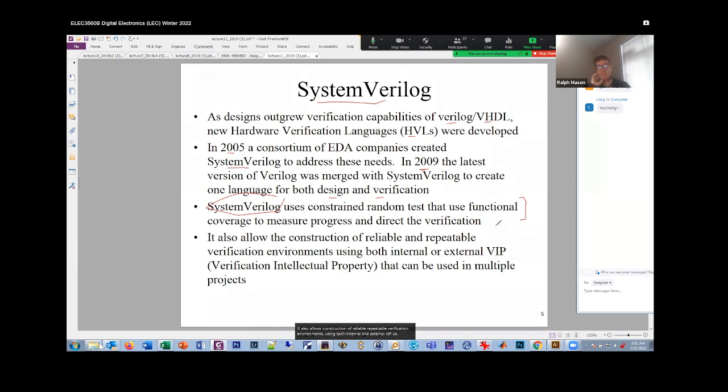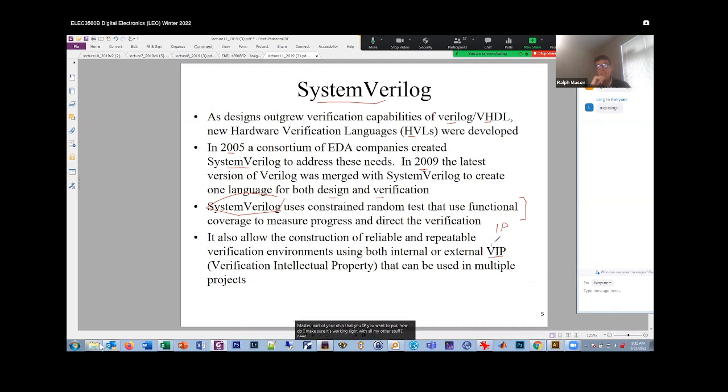So what's VIP? We've learned what IP is, right? IP is intellectual property. You've been using IP in the lab all the time. Xilinx gave you a PLL that you used. Xilinx gave you some counters. VIP means verification IP, because sometimes you have a design, like say a USB master part of your chip that you want to put in. How do I make sure it's working right with all my other stuff?